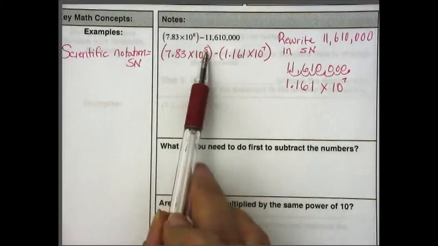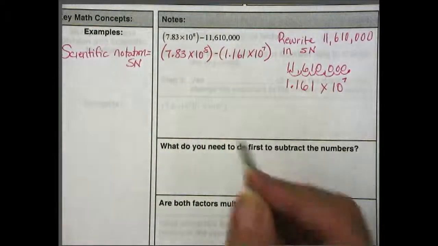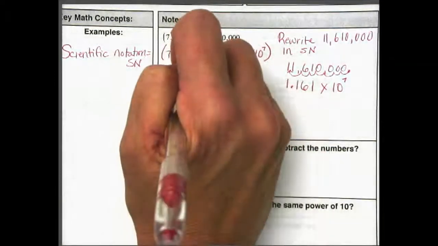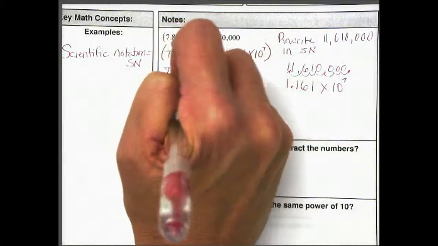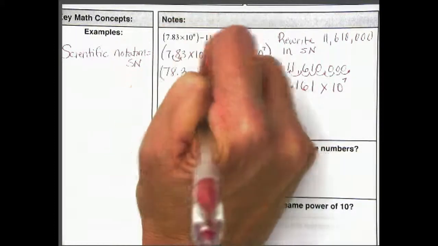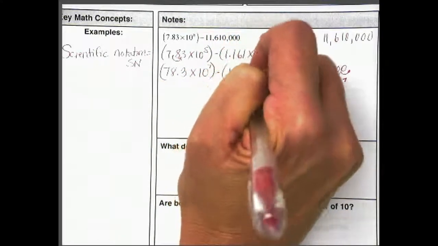In order to subtract 1 from our exponent, remember we have to move our decimal point to the right. So when we move our decimal point to the right, we get 78.3 times 10 to the 7th, because we're going to subtract 1 from the exponent, minus 1.161 times 10 to the 7th.